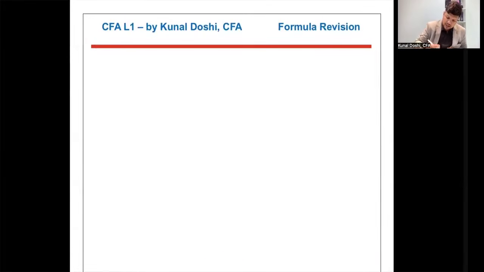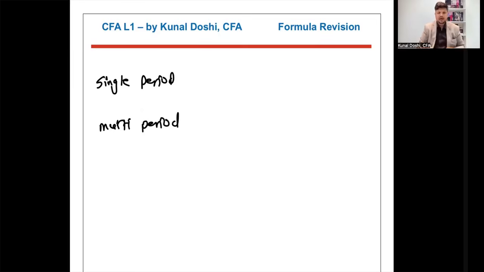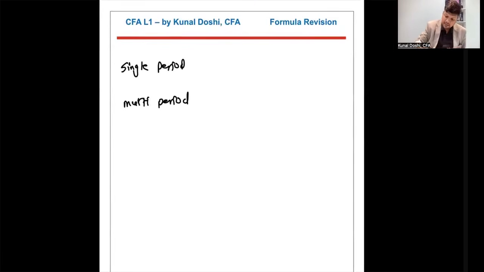First things first, the dividend discount model: the single period dividend discount model, and the multi-period one. Multi-period I will take, let's say, for 3 years. Same way, this is the single period dividend discount model and the multi-period dividend discount model.